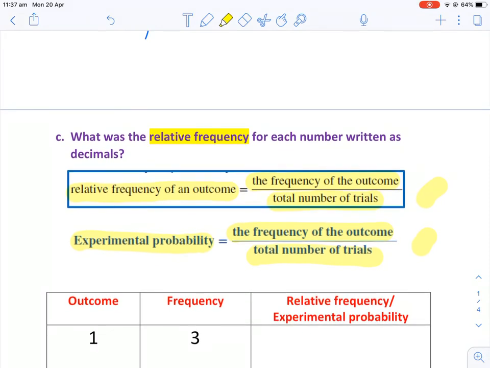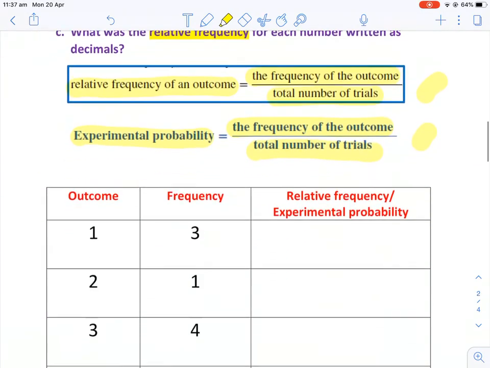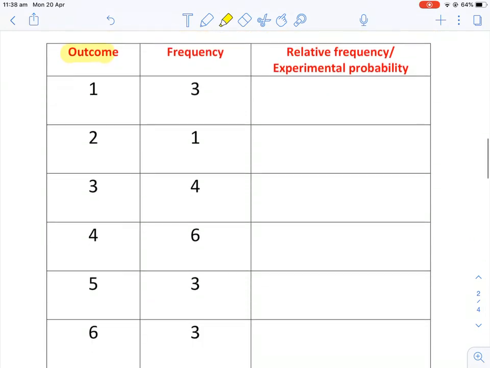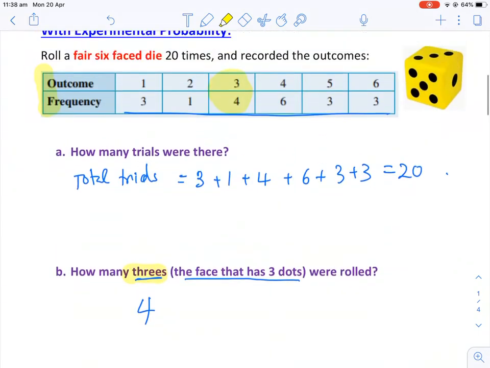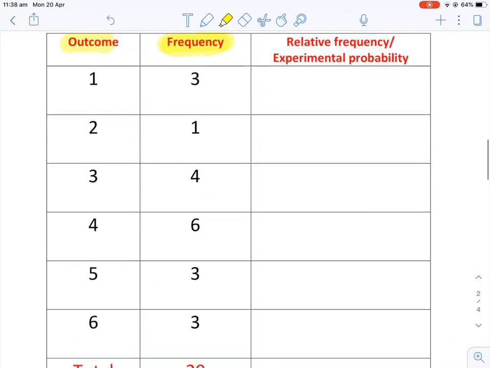To answer this question, I reconstructed this table into this table. The first column is for me to write the outcomes, which are the faces 1, 2, 3, 4, 5, 6. The second column is to write out the frequency. I just copy down exactly from this table to this table.